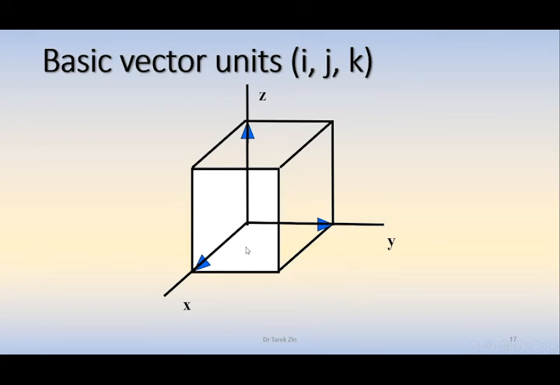To get the vectors, the value of the vectors is represented by i on x, j on y, and k on z. So now we have this value i for that vector in the x direction, j in the y direction, and k in the z direction.